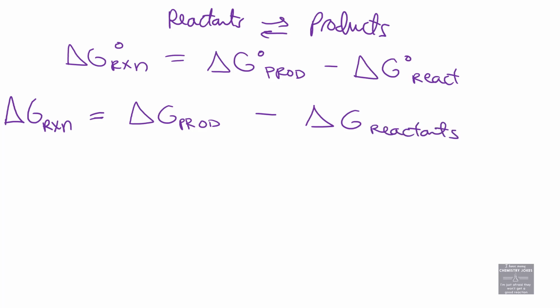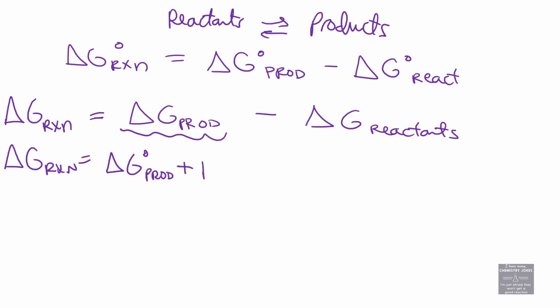And if I take my little formula from the last slide and plug in here that delta G non-standard for the products is delta G standard for the products plus my correction factor, RT ln of products. It's products over 1 molar, but products over 1 molar is going to be products, right?